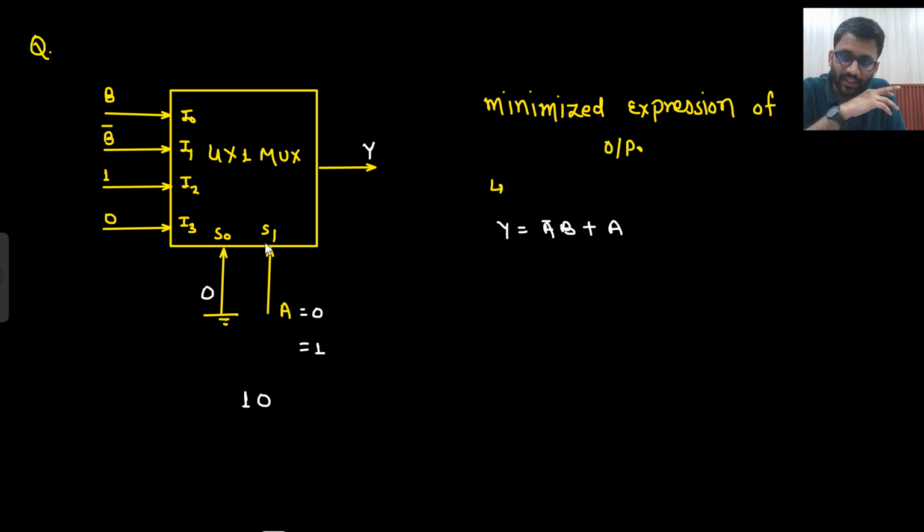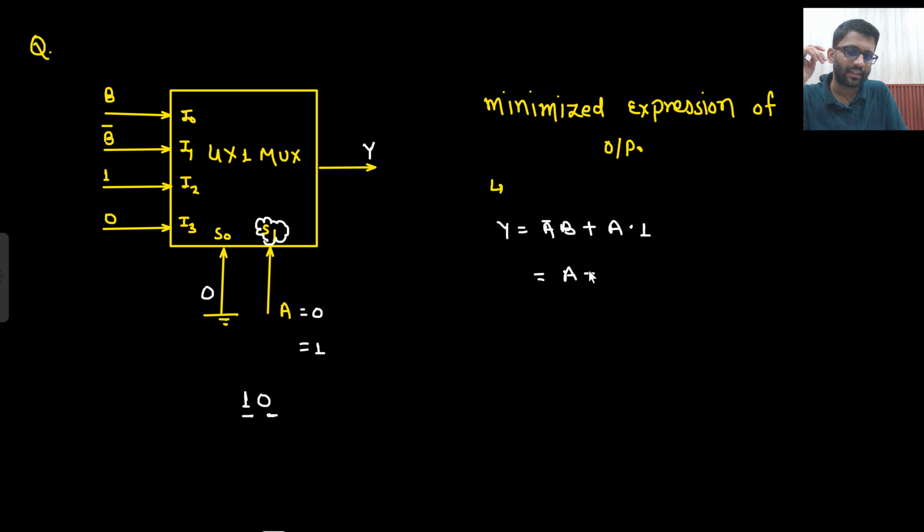Input is 1 0, because this is S1. So if A is 1 and S0 is fixed at 0, the decimal equivalent of this is 2. So you will pick I2, that is 1. That's it, this is the answer.